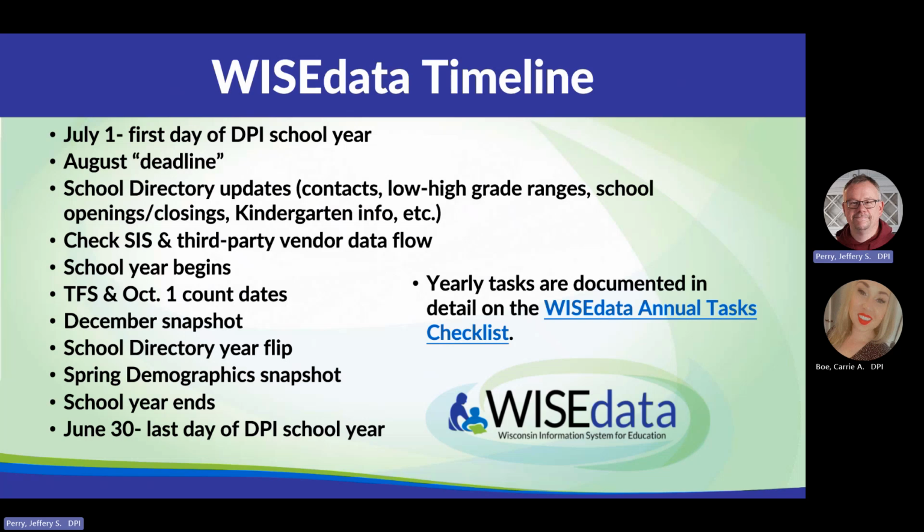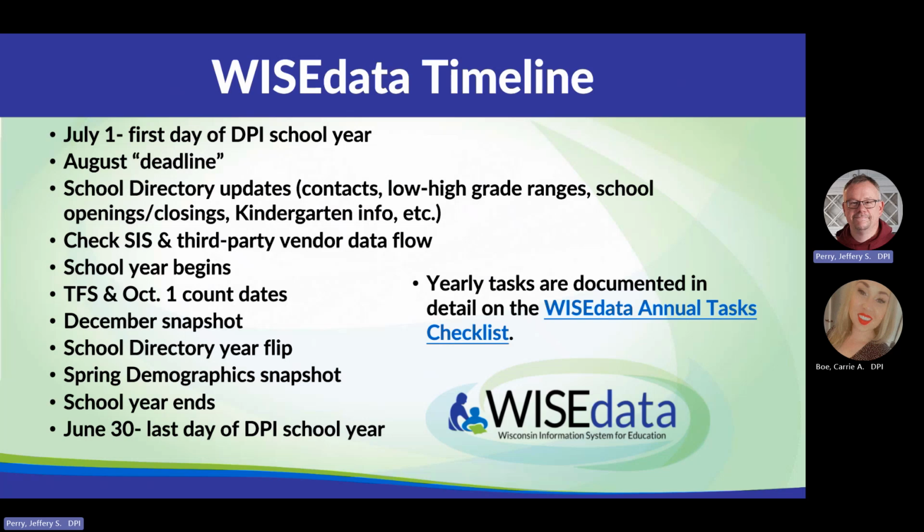When you're doing those deadline tasks, school directory updates are important to get into place. And you can do that really at any point over the summer. And this includes maybe some changes to the low and high grade range of a school. There are school openings and closings sometimes within a district. There's kindergarten info that might need to be completed each year.